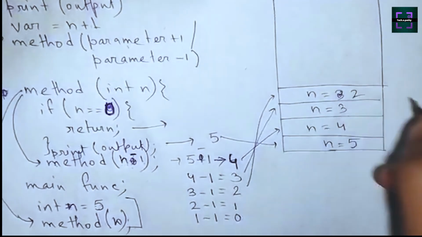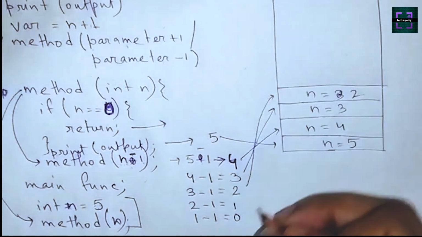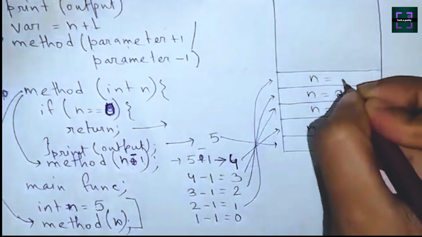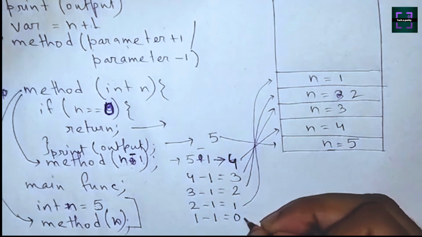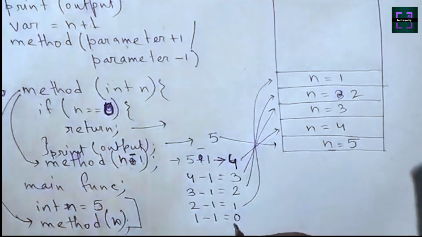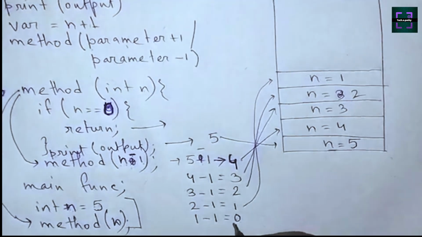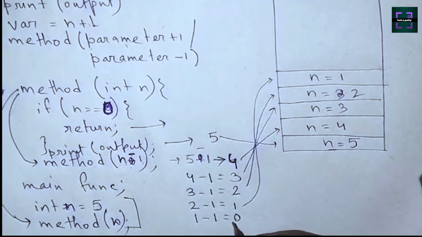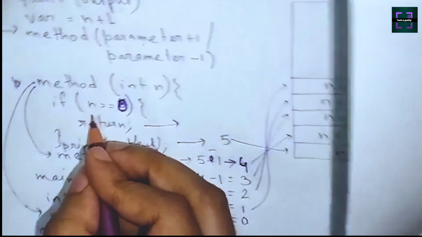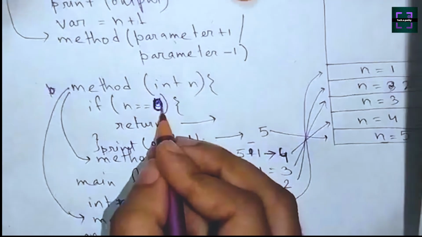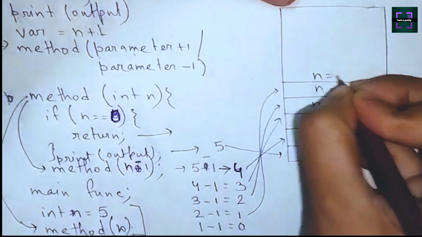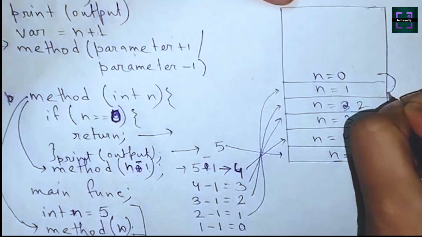Sorry, n equals 2. 5, 4, 3, 2. Then n equals 1, and now 0. When it is 0, it will be checked here, and 0 equals 0. So it will return the value. When n equals 0, it will just return the value.